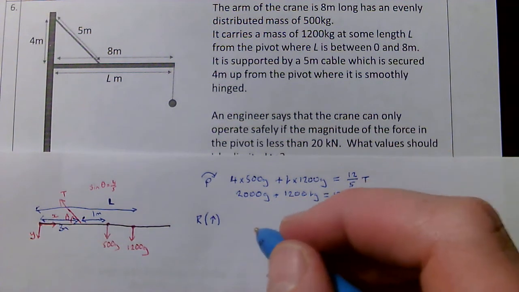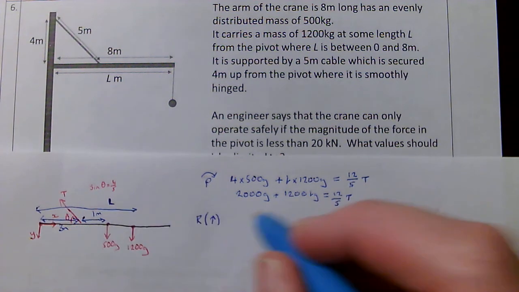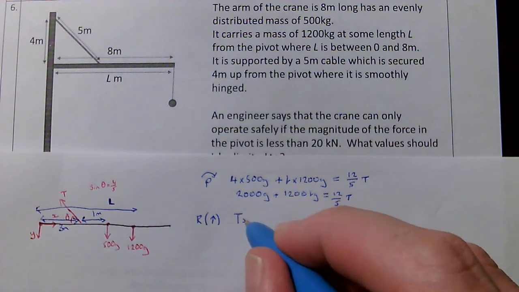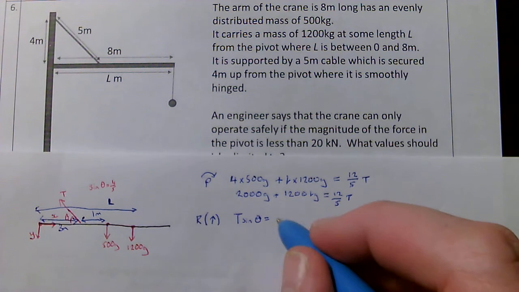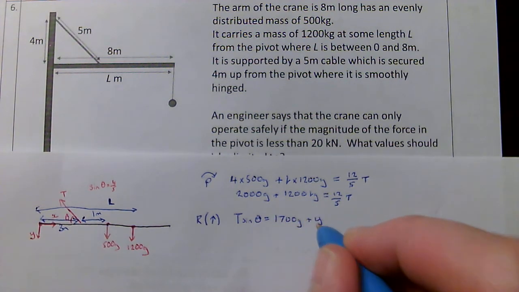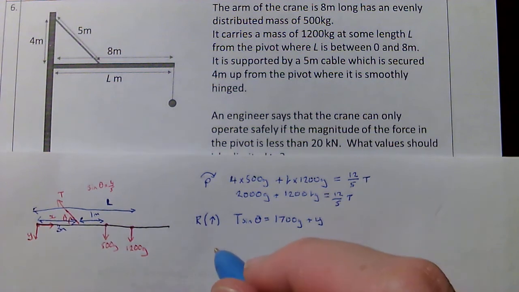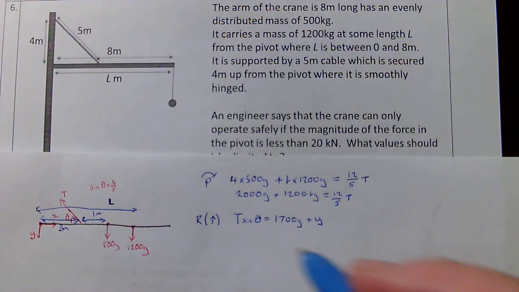So for the vertical component, I've got T sine theta equals my downward forces. Here I've got 1700 G plus Y. Now, looking at my diagram, this is theta, so sine theta is 4/5, which I've got over here.